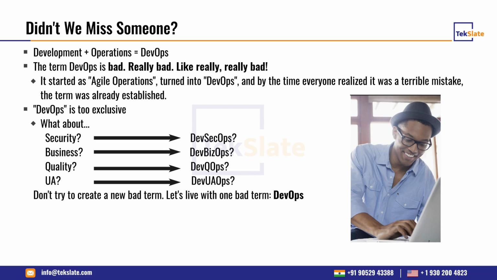Now you have probably heard a few other terms also. If it comes to security, it's DevSecOps, because DevOps is too exclusive. If you put business, it's DevBizOps, quality DevQOps, UA DevUAOps. It's just too exclusive, and in making it inclusive we are just increasing the terms. So let's not create a new bad term, and let's live with one bad term called DevOps.